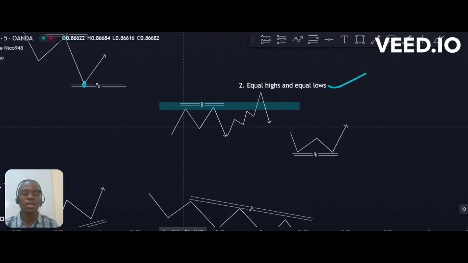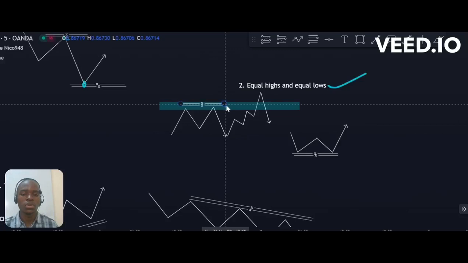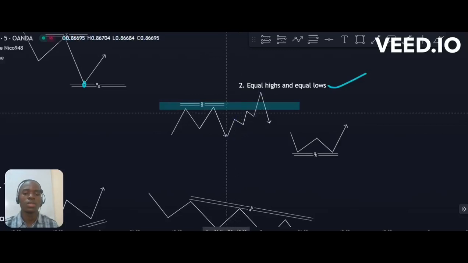A retail trader somewhere is viewing these equal highs as a double top, so whenever they trade, they put their stop losses just above those highs. But the banks know that retail traders are trading this way. So what do the banks do? They move the market towards this area.